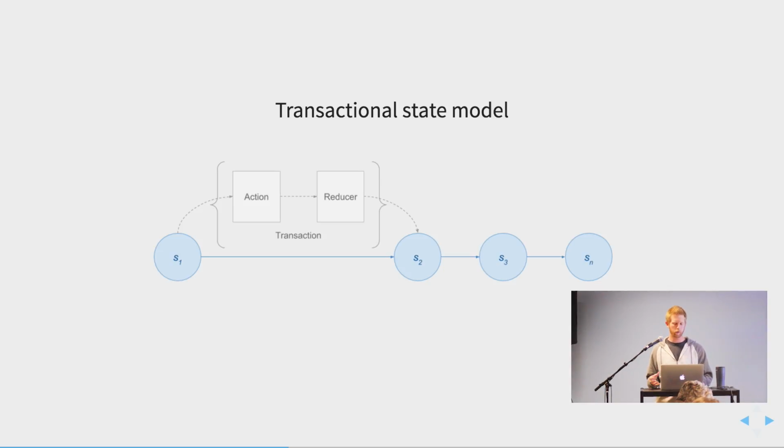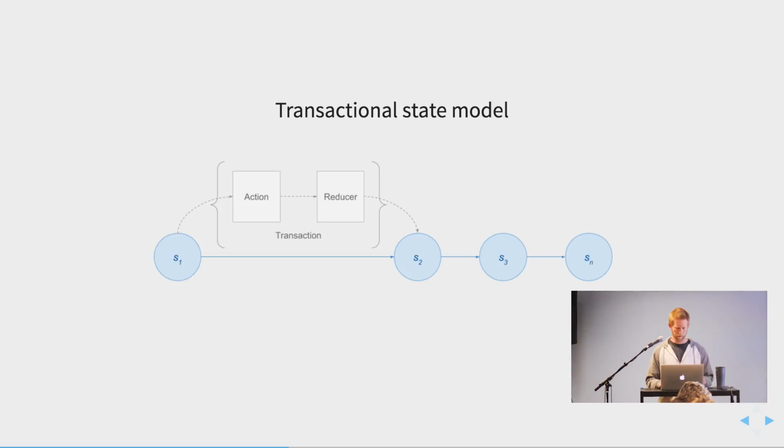Then we pass that through a reducer, whose job is to take an initial state or the previous state, apply that action, and generate a new state, so that we arrive at the next state in our app. It's similar to a bank transaction. If we have some given state and a list of actions, we can produce any future state from those two things.